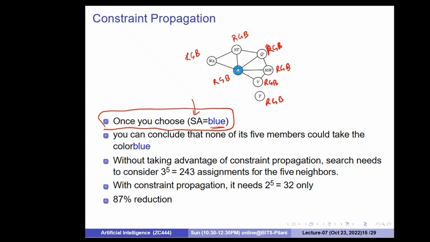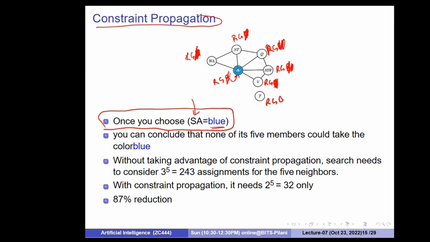So if I give SA blue color, then I cannot give blue color to WA, NT, Q, NSW, or V. Yes or no? Yes.